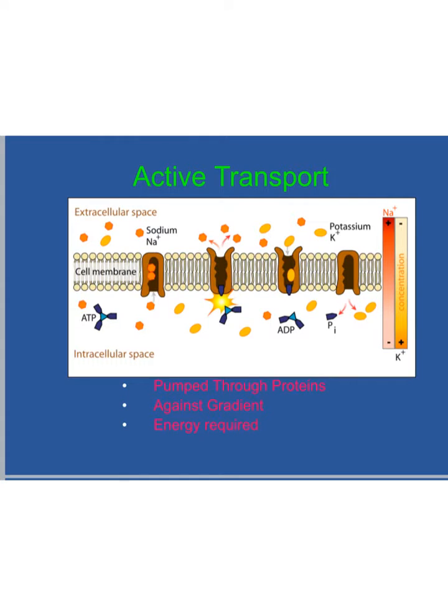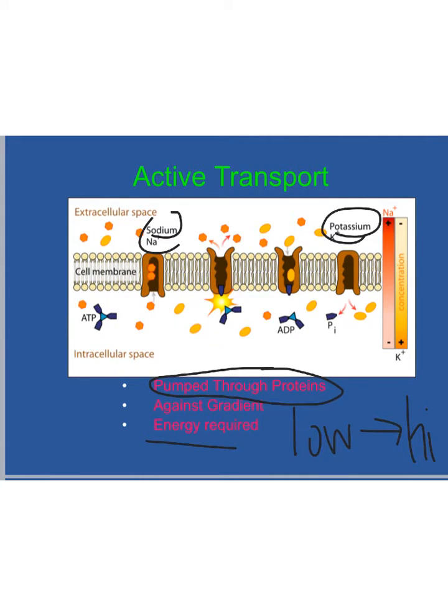Now, with active transport, we can have movement of molecules against the concentration gradient, going from areas of low concentration to areas of high concentration. It does require ATP, and usually the molecules are pumped through a protein. Here we have both a sodium pump and a potassium pump as examples, and you can see that we require ATP here in order to move these molecules through.